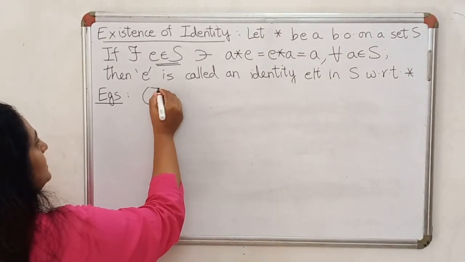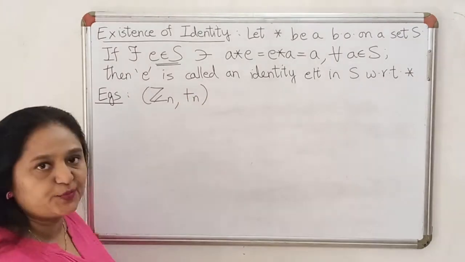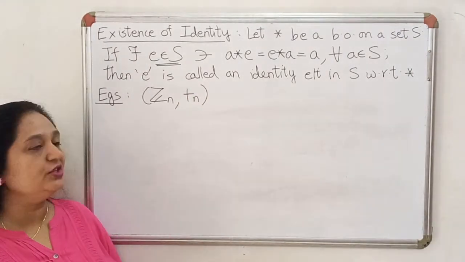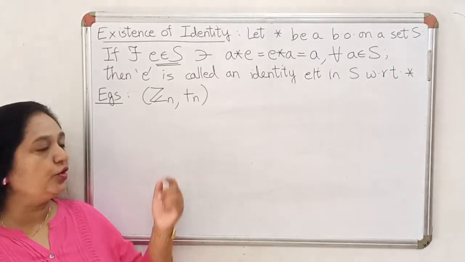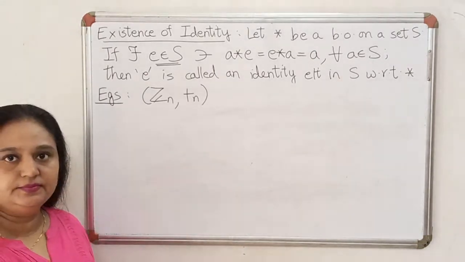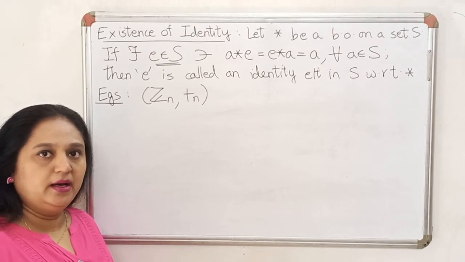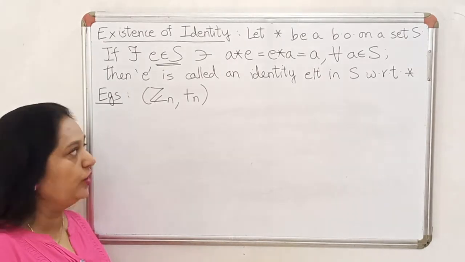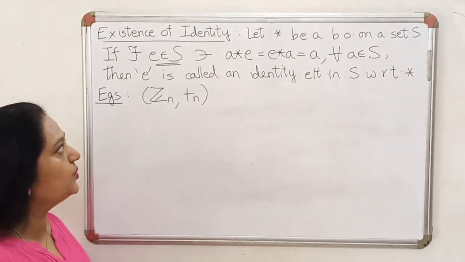Next, we look at the set of residue classes of integers modulo n with respect to the operation of addition modulo n. Again, think about it. What could be the identity in this set? Remember, residue classes contain equivalence classes. So it will have n elements in all, 0 bar, 1 bar up to n minus 1 bar.